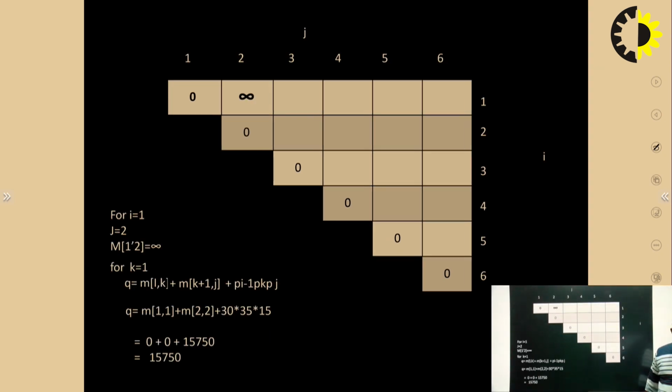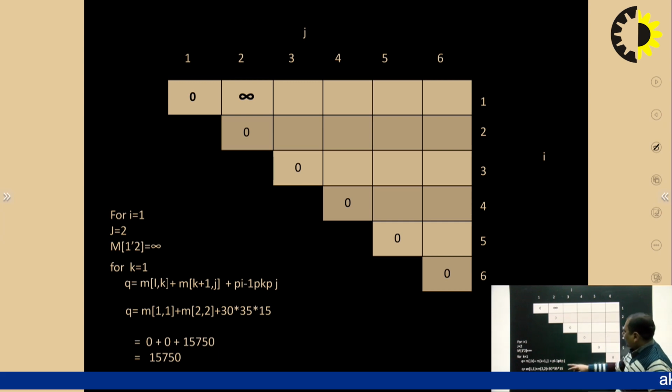Now we are going to calculate the value of m i j, that is m1 comma 2. So m1 comma 1, the value of k is 1 over there, k plus 1, 2 comma 2. So this is 0. m11 is 0. m22 is again 0. And p i minus 1, that is p0, p0 is 30. And p1 is 35.